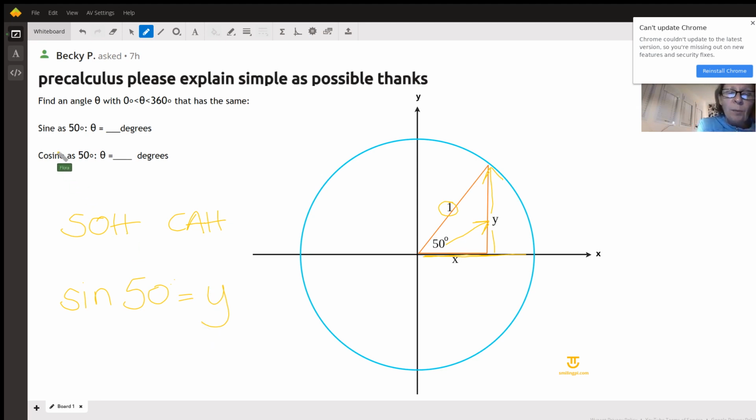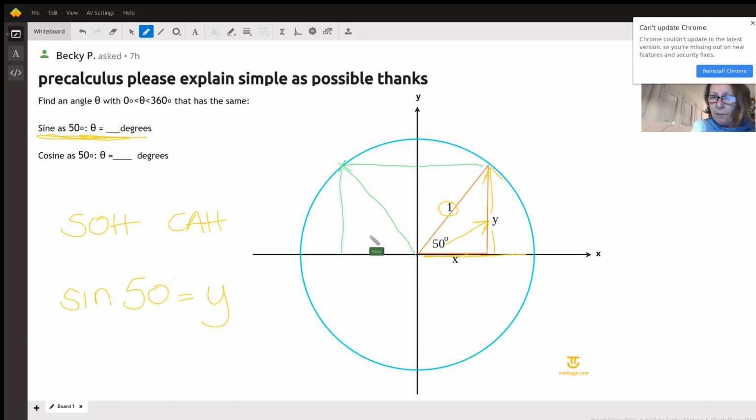So what we're being asked is to find another angle between 0 and 360 where the sine is the same as the y. So again, let's look at our unit circle. Let's find another point that has the same y-coordinate as this point here. If we come over here, we find this point would give us the same y, and let me sketch the triangle from here.